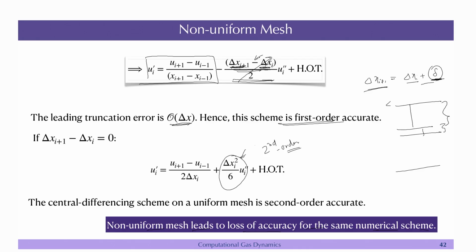So, you do not have to go through this, you do not have basically information of i minus 2, i plus 2 and so on and so forth, typically in the finite volume, especially when you are using the unstructured grid. For a structured grid you can still use the same formulation that we have, right. So, this is a brief introduction about how these schemes are derived for the non-uniform mesh.